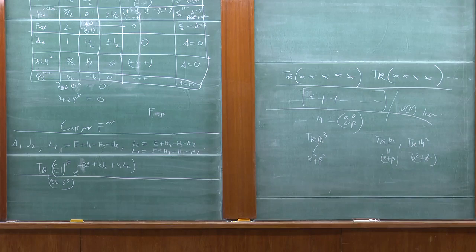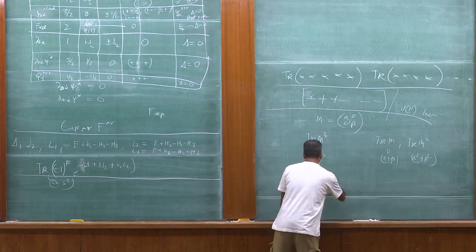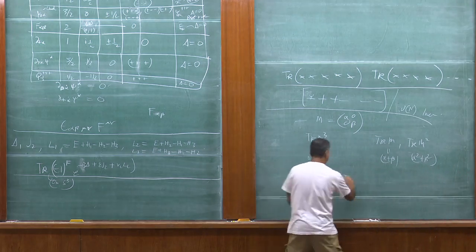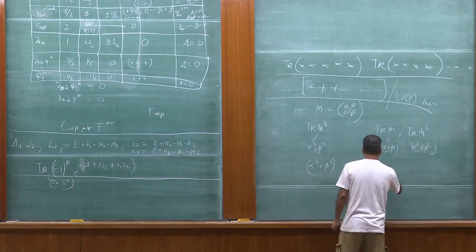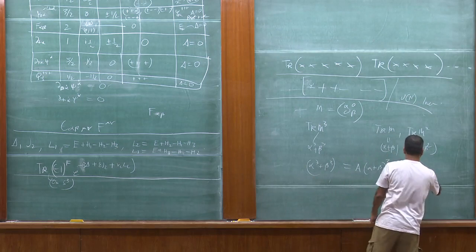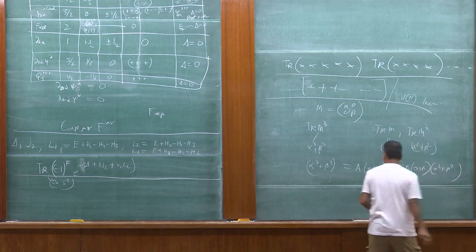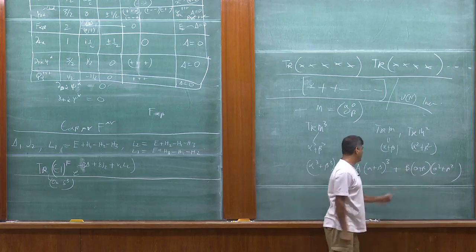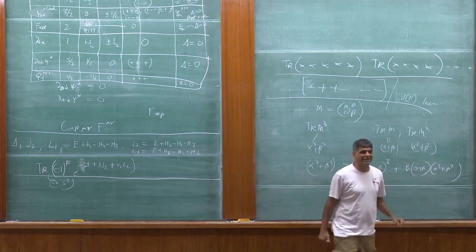Trace M cube can be written as some polynomial, so in this case it's easy to do. Alpha cube plus beta cube is equal to A times this thing cubed plus B times this into this. With a little fooling around, you will be able to find the coefficients A and B that make this work.